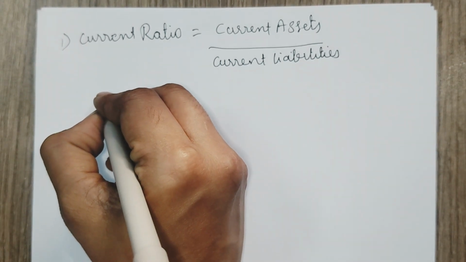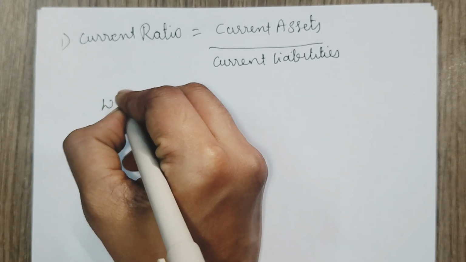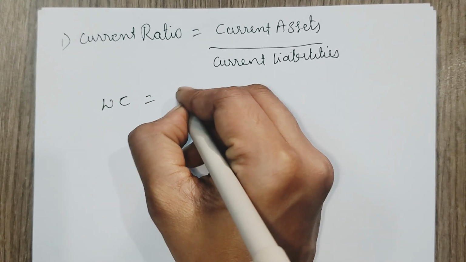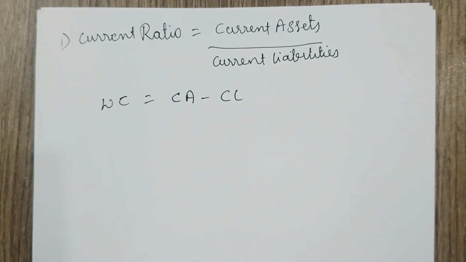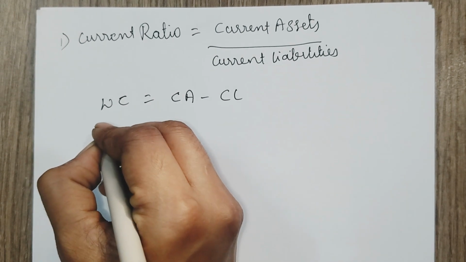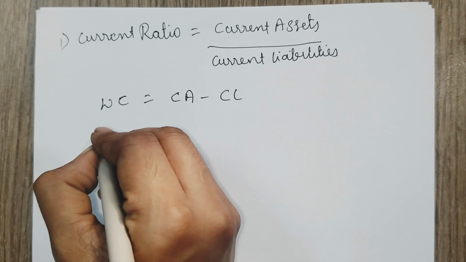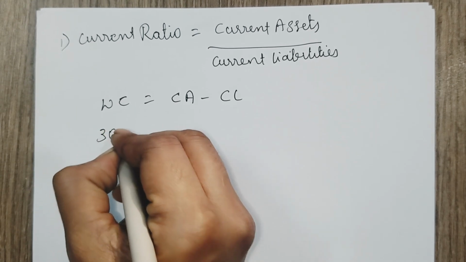And working capital is given. So what is the formula for working capital? Current assets minus current liabilities is working capital. Here working capital is how much? 3 lakh.